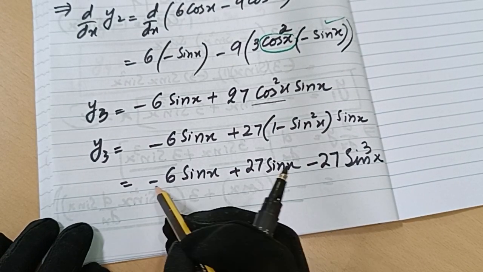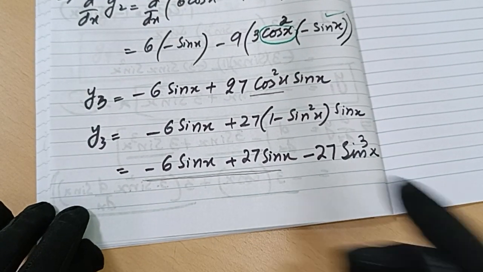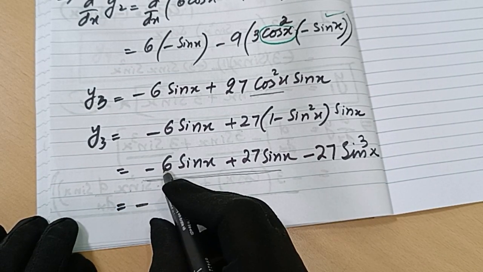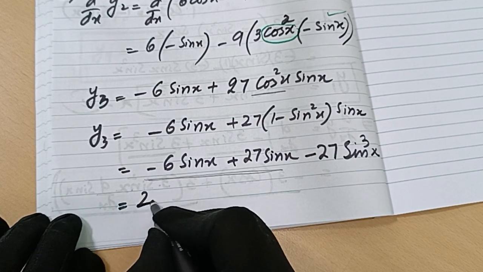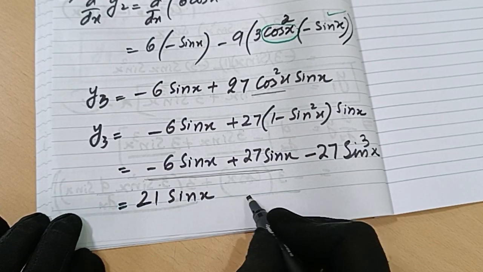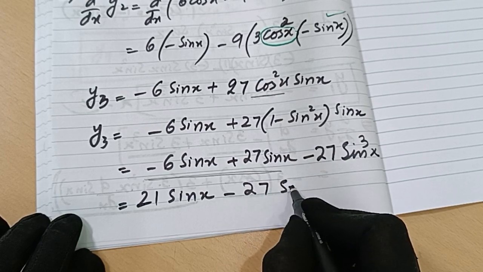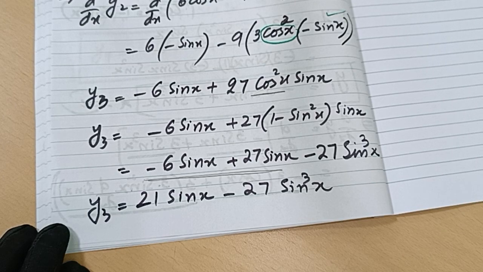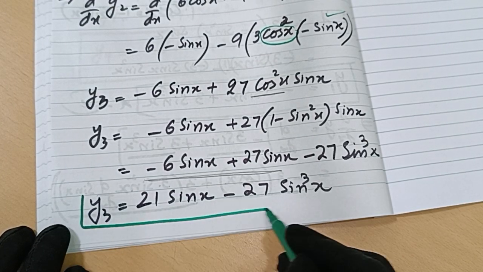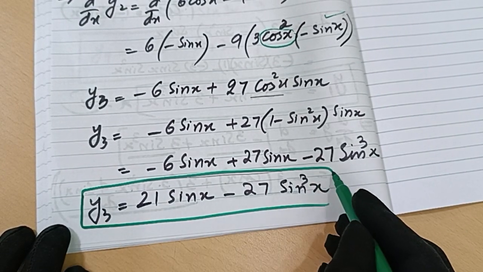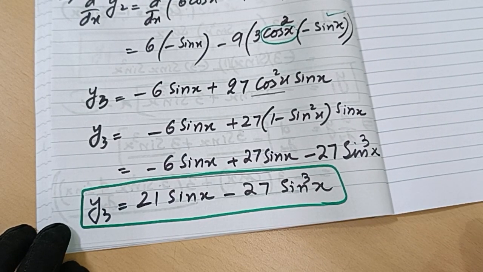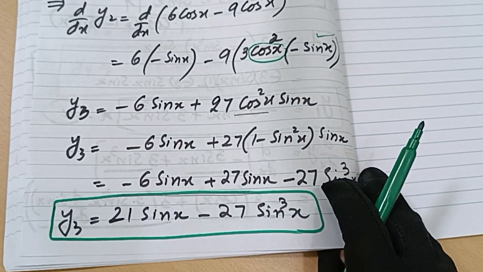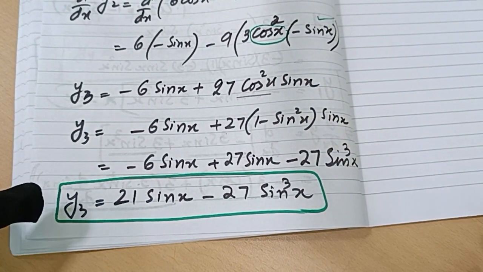Now these two terms are like terms, both have sin, so we can combine their coefficients. 27 minus 6 is 21, positive 21 sin x, and then minus 27 sin cube x. This is the complete derivative. Third derivative is solved here.